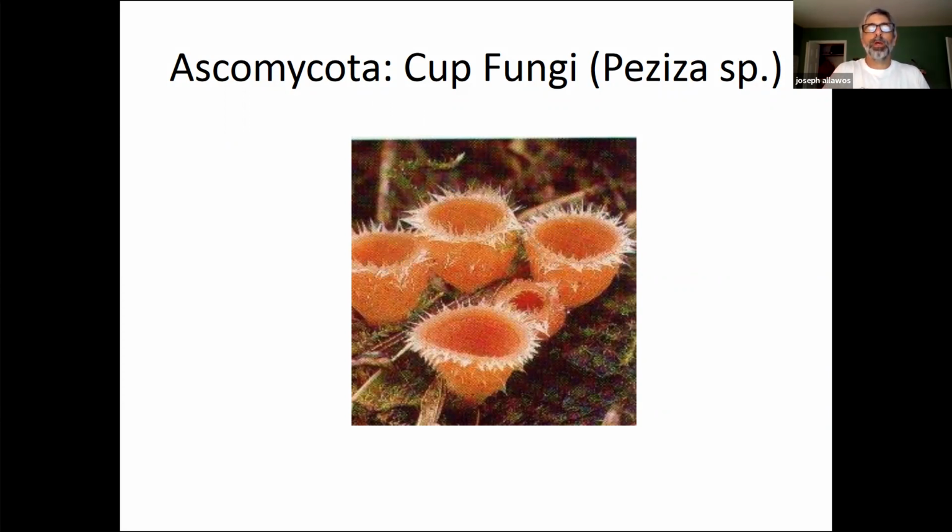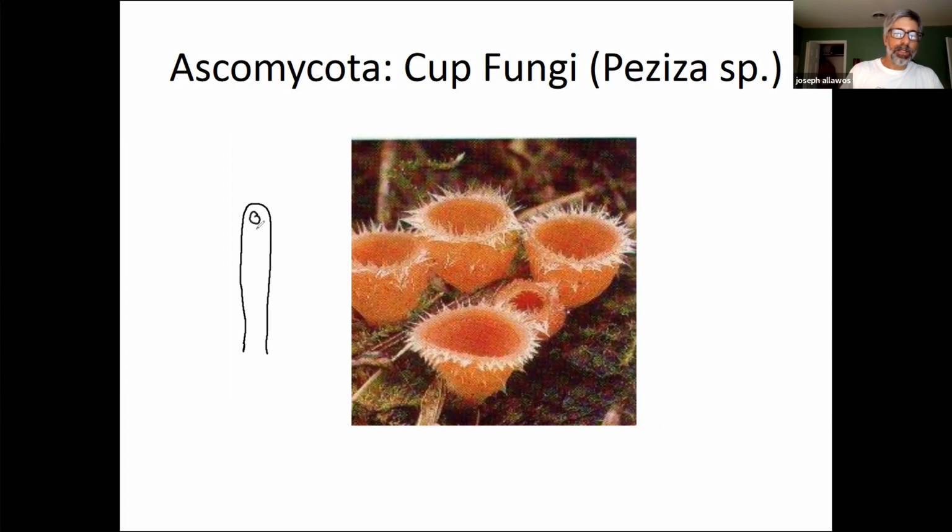What puts the particular fungus in the Ascomycota is the formation of a particular structure during sexual reproduction called the ascus. An ascus is shaped like this, like a finger almost.